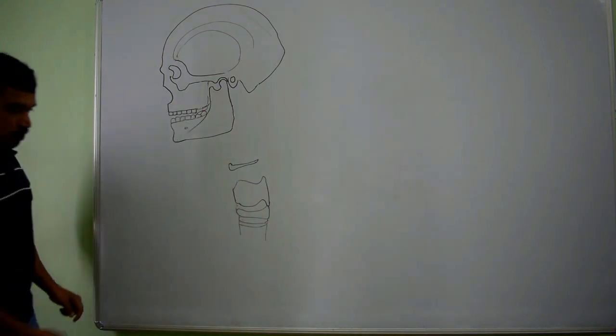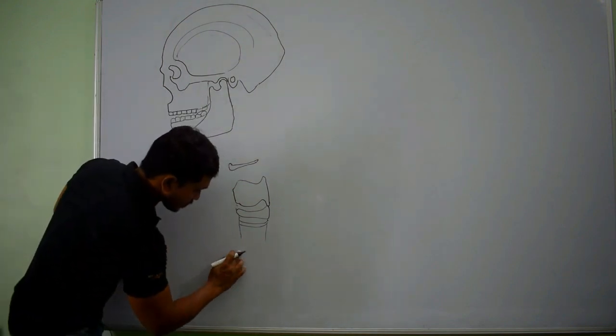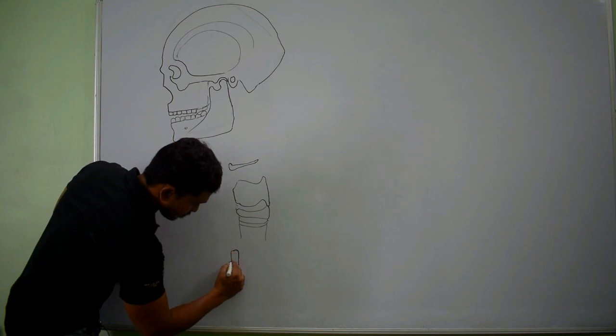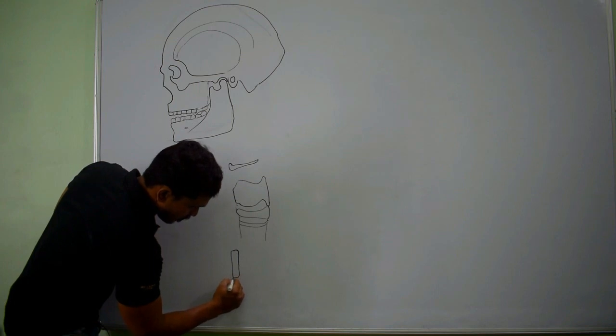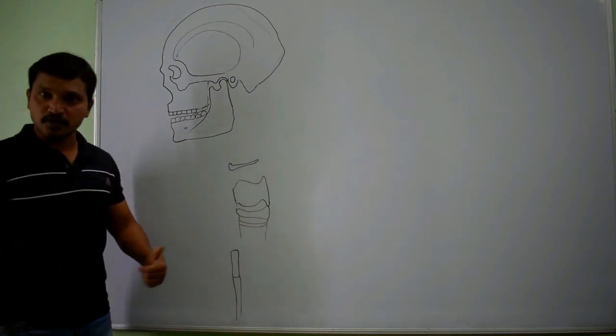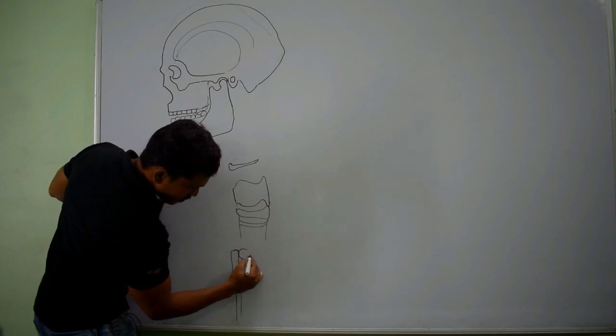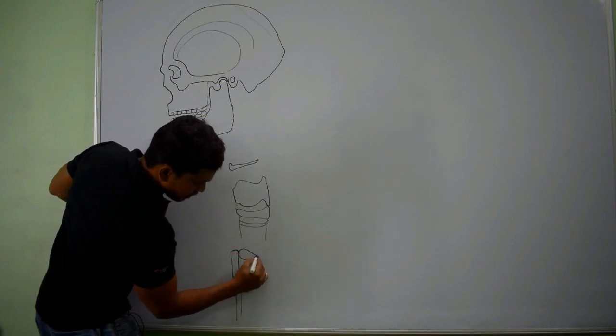Then below this, here is the sternum. This is the side view of the sternum, and this is the manubrium sterni, and here is the body of the sternum, right? And if you draw down, the xiphoid process also you can draw. Manubrium sterni articulates with one bone here. What is this bone? This is the clavicle.